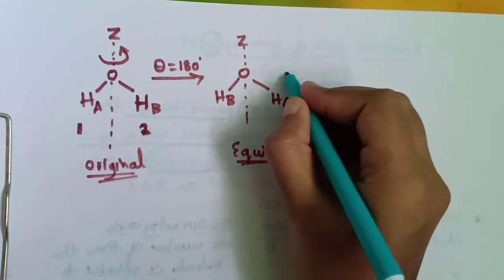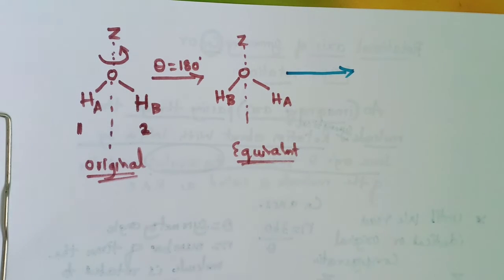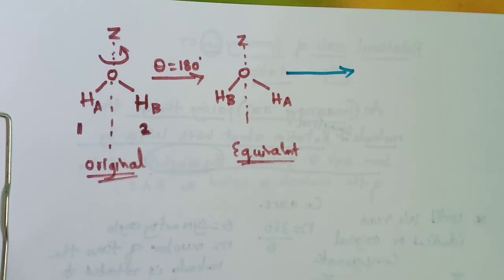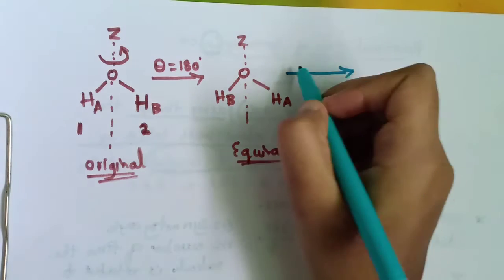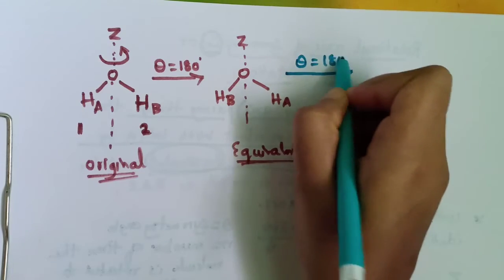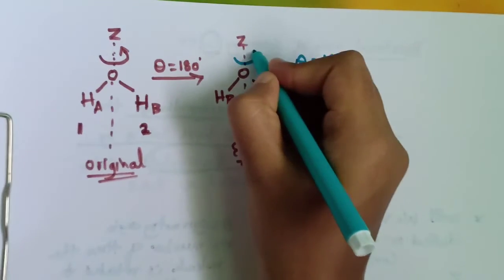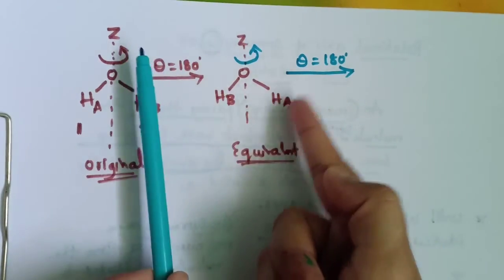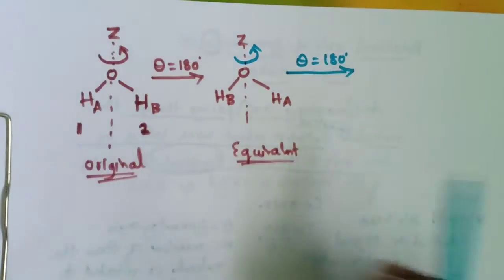So next we have to obtain the original configuration. From this configuration, the rotational axis of symmetry is carried out again, so theta is equal to 180 degrees. While rotating this again by 180 degrees, this HA will come this side and this HB will come this side.